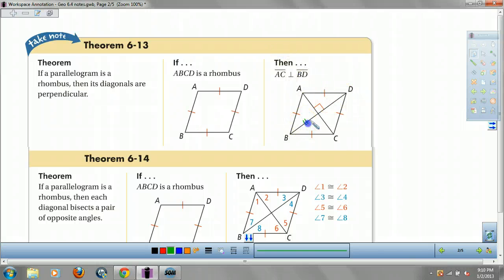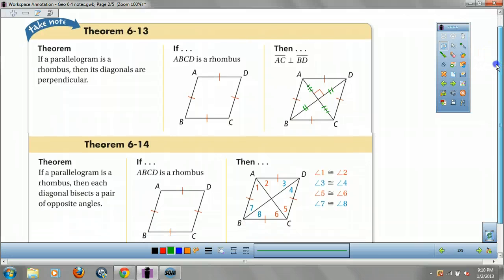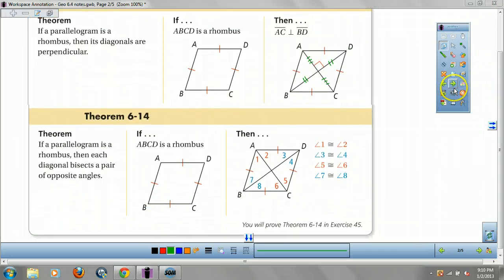So I'm going to add this in here for fun. And all these are going to be congruent triangles. Okay. What we also know is your diagonals are angle bisectors.